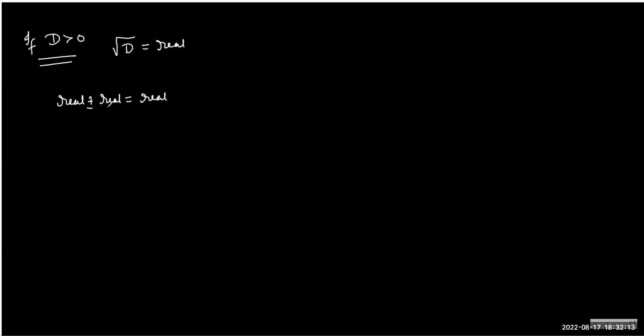Addition or subtraction of two real numbers is a real number. And if you look at the answer, which is minus b plus minus under root of D by 2a, what are we doing in the numerator? We are adding two real numbers or subtracting two real numbers, isn't it? And because both are real, the answer is going to be real. So we can say alpha and beta will be real.